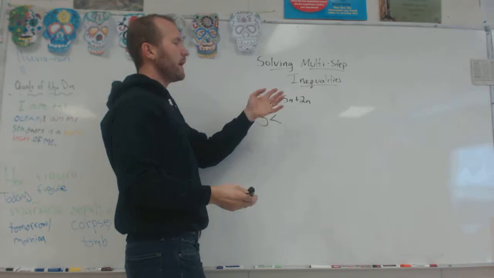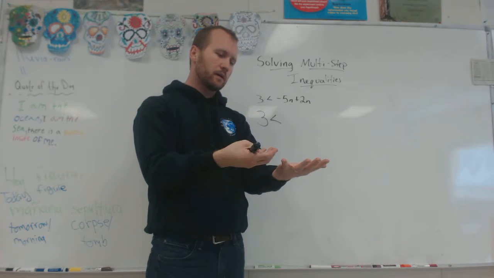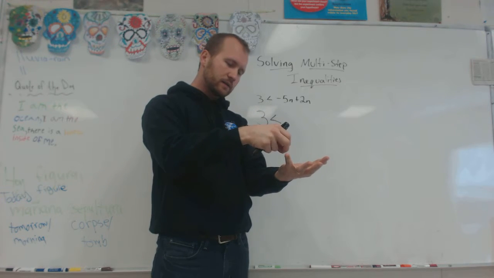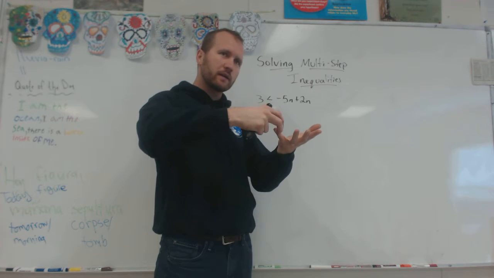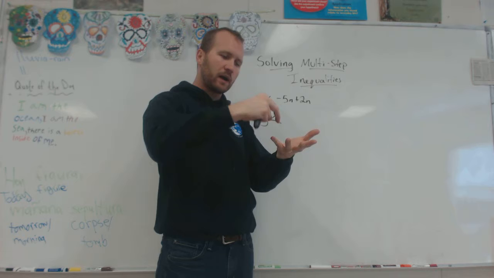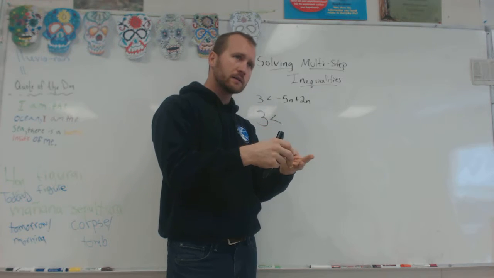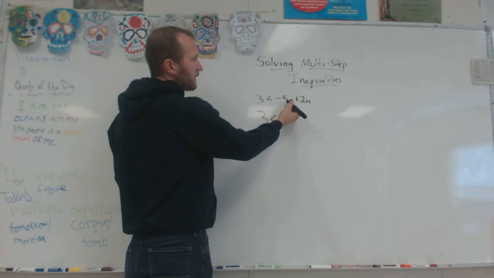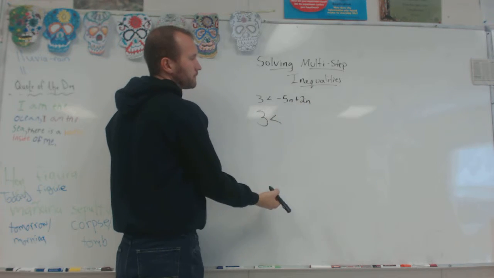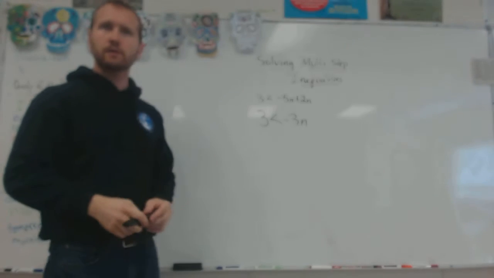Yeah, so if I have negative 5n's and I also have 2n's, think about each one. Each negative is going to cancel out one positive, right, on our balance scale. How much do we have left when we combine negative 5n plus 2n? Yeah, we have negative 3n left.